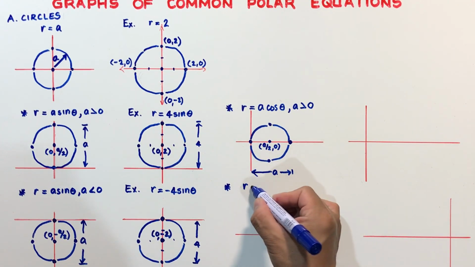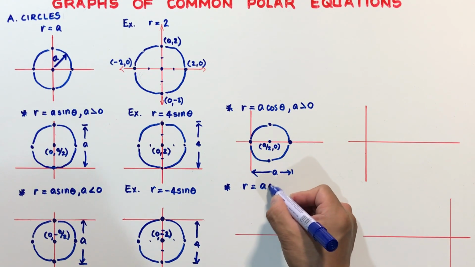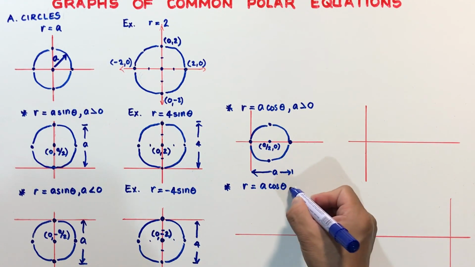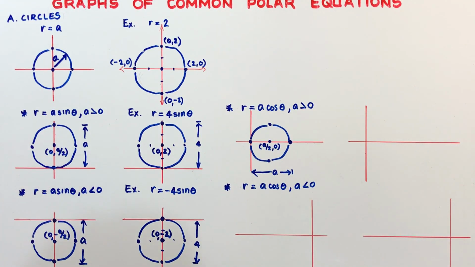So it has an equation of r is equal to a cosine theta, but the value of a is less than 0, meaning it's negative. The graph of this is a circle whose center is still along the x-axis, but this is to the left of the y-axis.